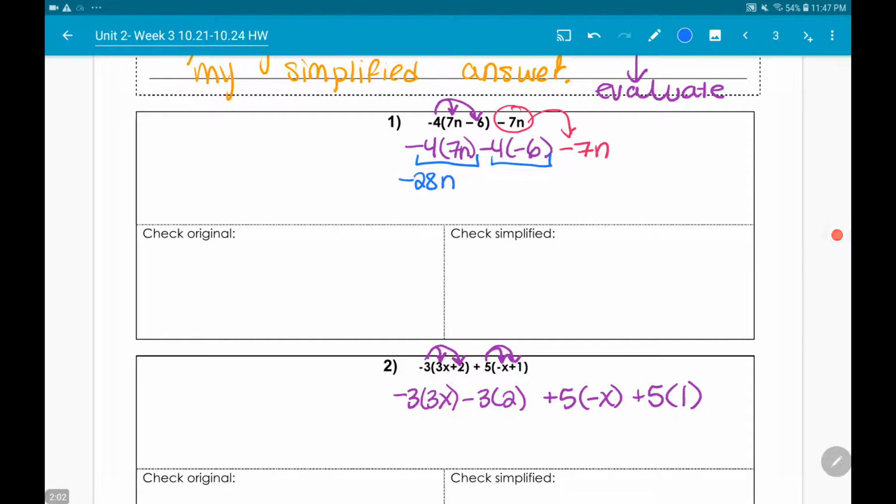So this has an n, I bring it down. Negative 4 times 6. And I didn't do anything with that 7n, so I'm going to bring it down. Negative 9x, negative 6. Remember, if there's no number, there's a 1.